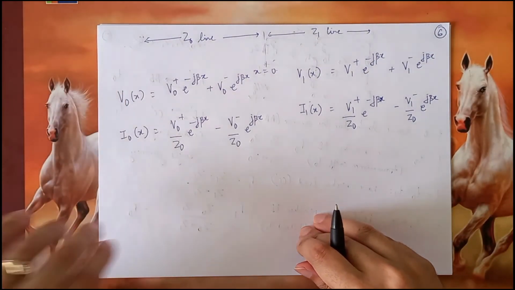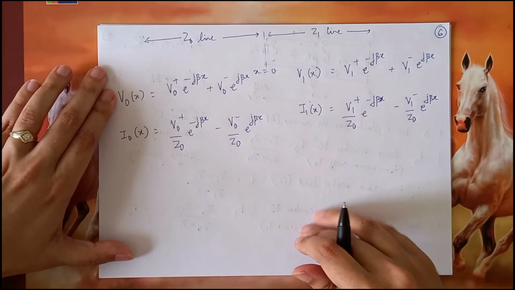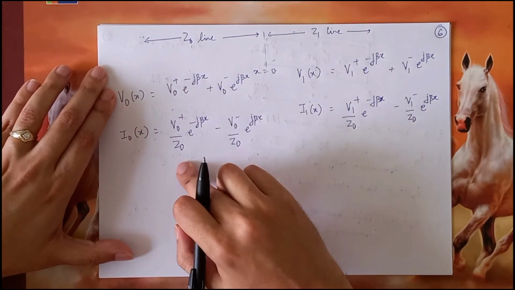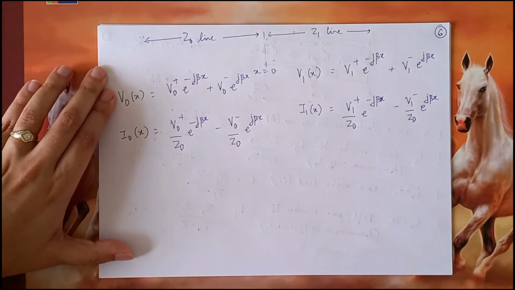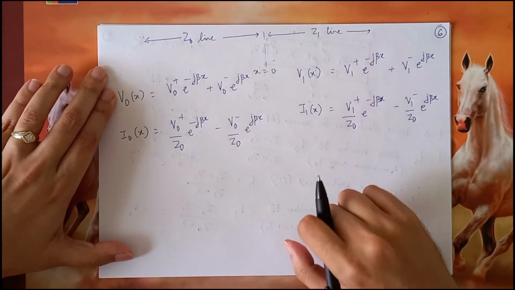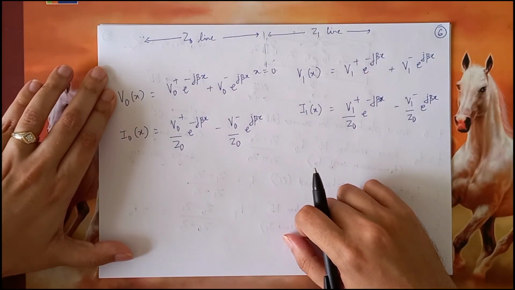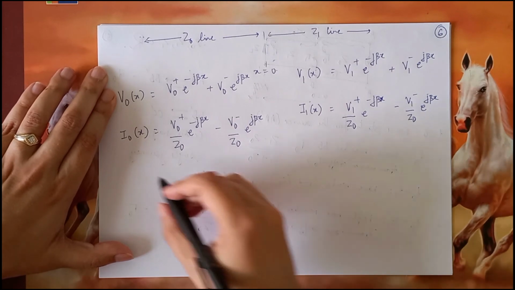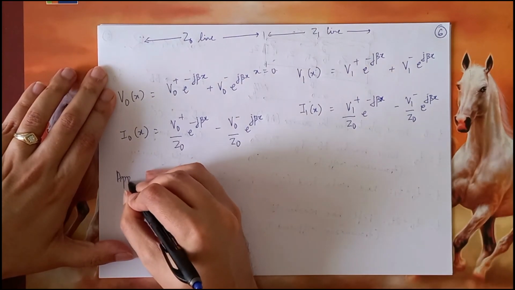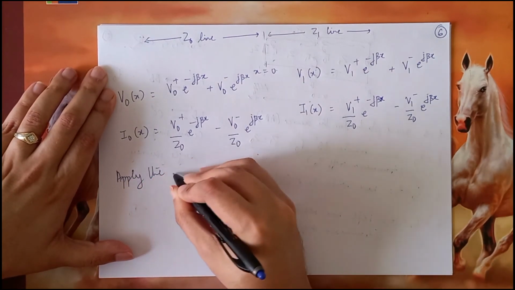Is it fine? Now, these two are the voltage and current in the Z0 line, and these two are the voltage and current in the Z1 line. Now, let us apply the boundary condition.